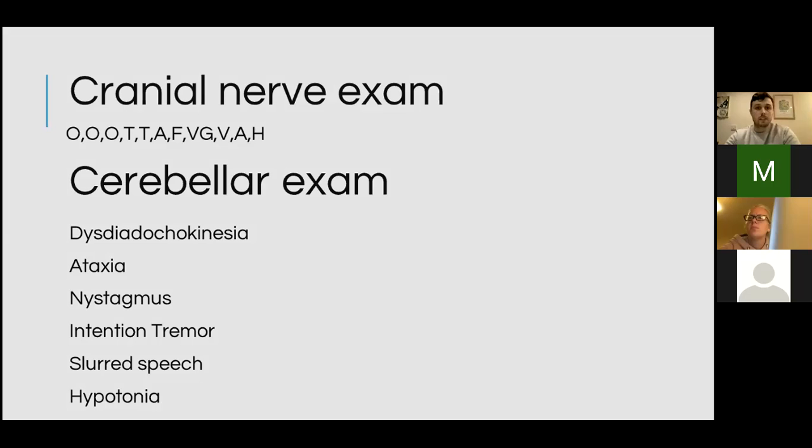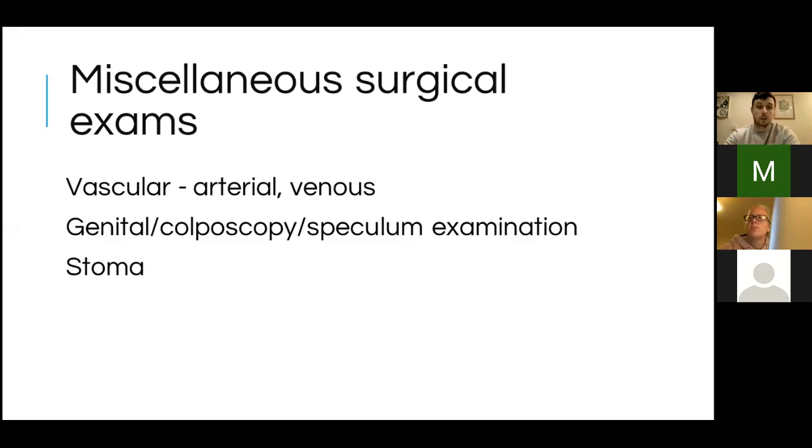And then miscellaneous surgical exams. So we'll be going through this in subsequent talks in a lot more detail. It's just to get in the mindset of what could be asked. So you may be asked to do a neurovascular examination, examine an arterial or venous system of a limb or the entire patient.